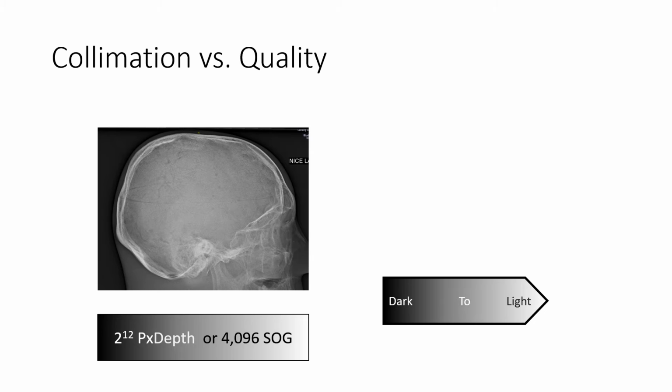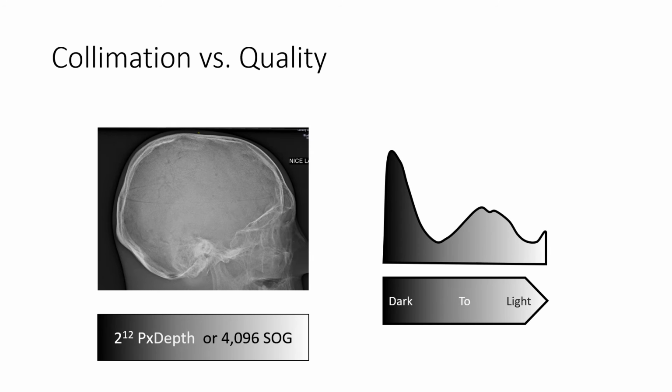Here is a lateral skull radiograph. And here is the possible histogram for that skull's densities. The histogram looks like a smooth curve because there are so many density bars.